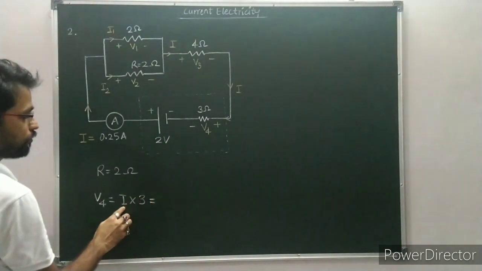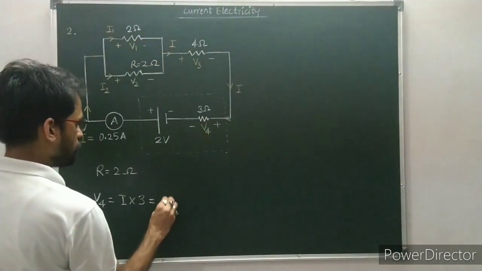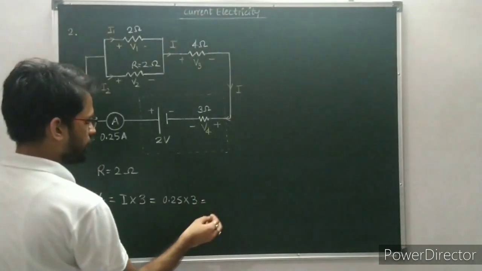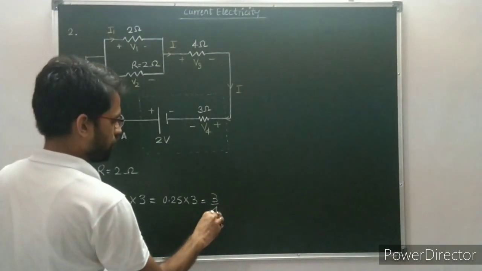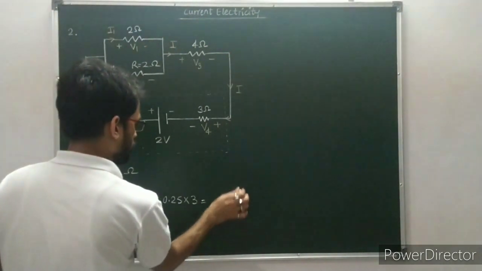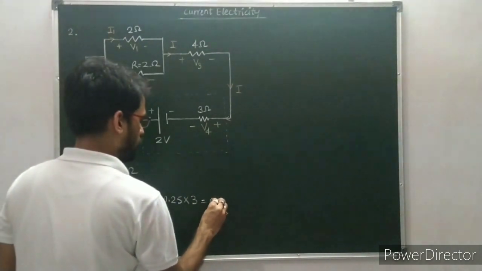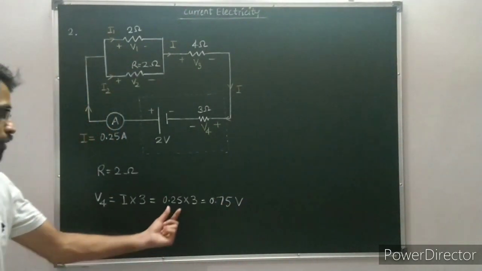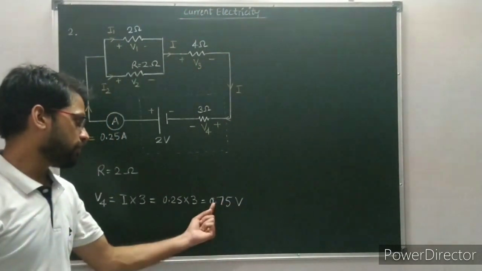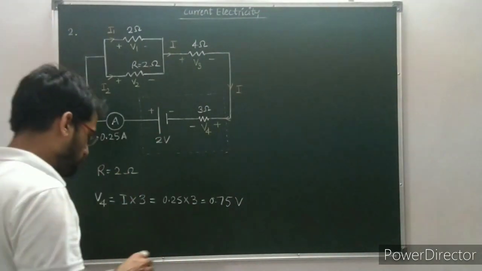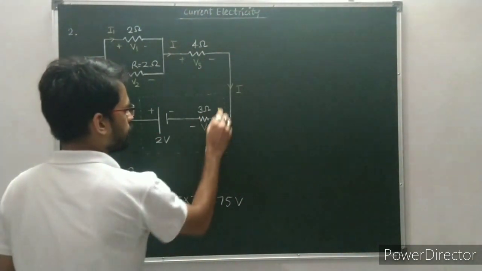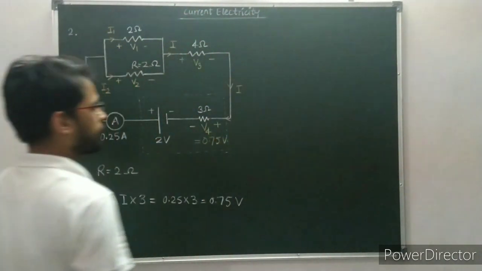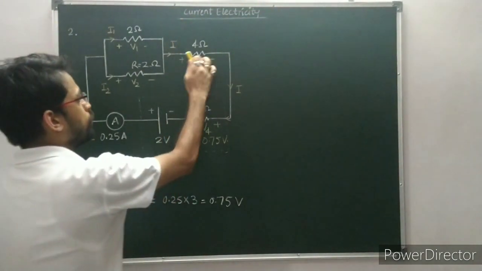The value of I is 0.25, so 0.25 into 3, then you will get 3 by 4, or 0.75 volt. So the potential difference across this internal resistance is 0.75 volt.